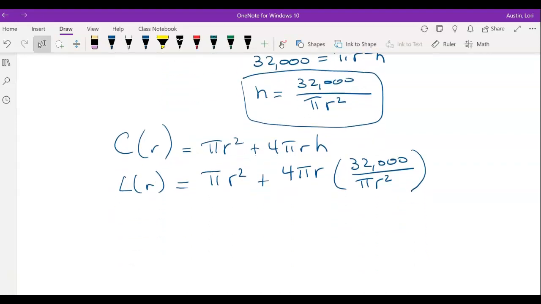Always do what with your functions before you take the derivative? Look at that function. What should we do? Yeah, let's simplify it down a little bit. So that's pi r squared.